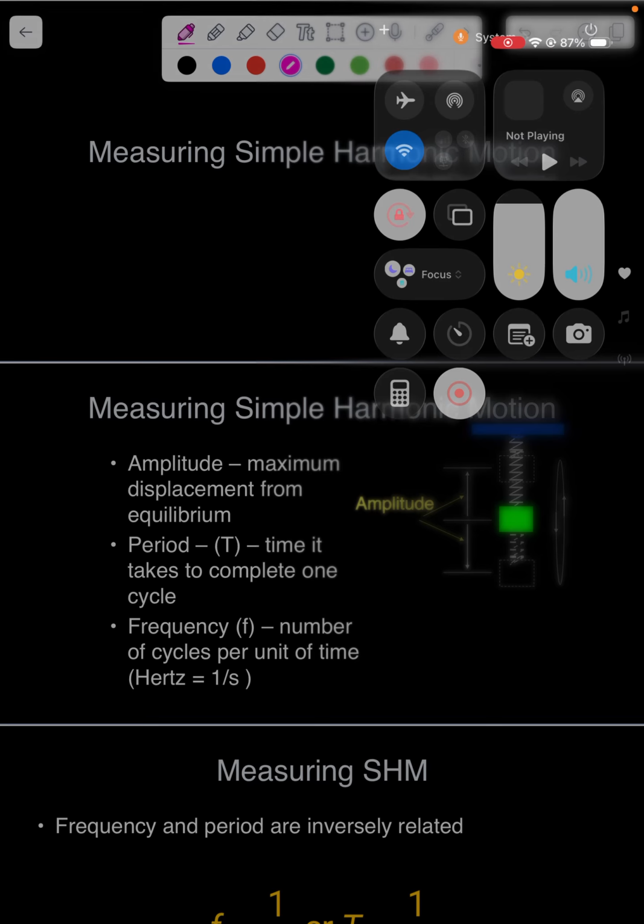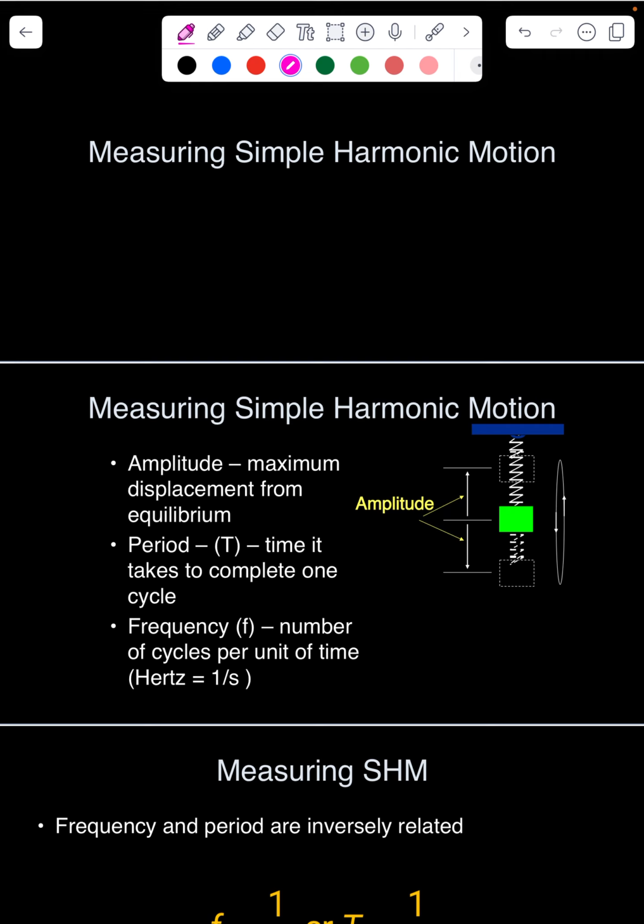We started to calculate things with simple harmonic motion the other day when we calculated the period. But today we're going to talk about how to measure a couple more things. Before we start calculating and measuring, you do need to know some basic vocabulary.